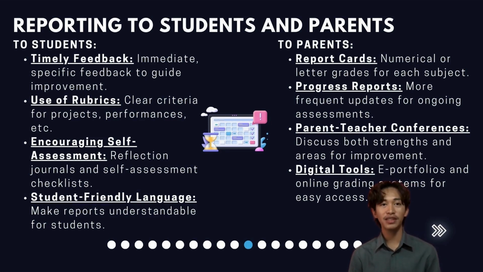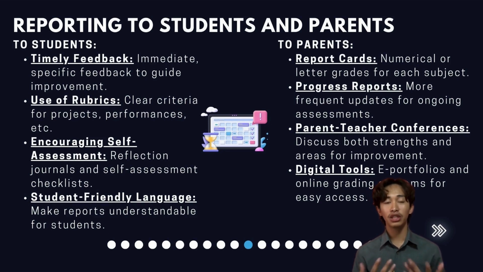The third one is encouraging self-assessment, and the example is reflection journals. Students can keep a reflective journal documenting their progress. This encourages them to self-monitor their learning and see areas where they can grow. Another is a self-assessment checklist. This tool allows students to assess their work before submitting it, helping them develop critical thinking and self-regulation skills.